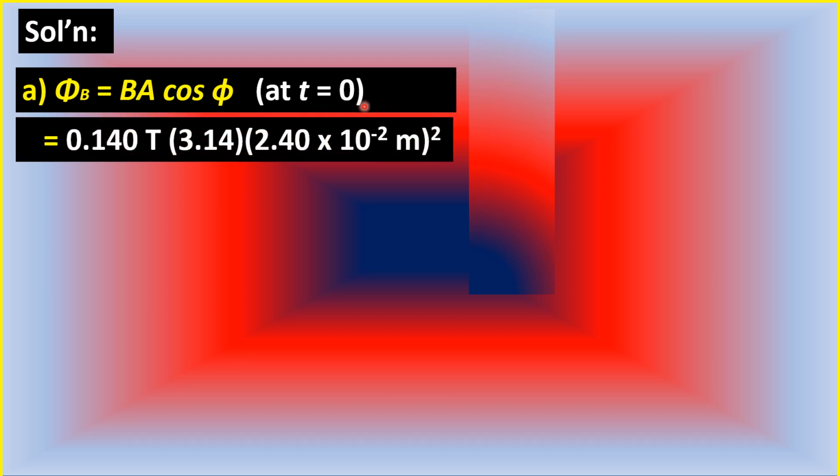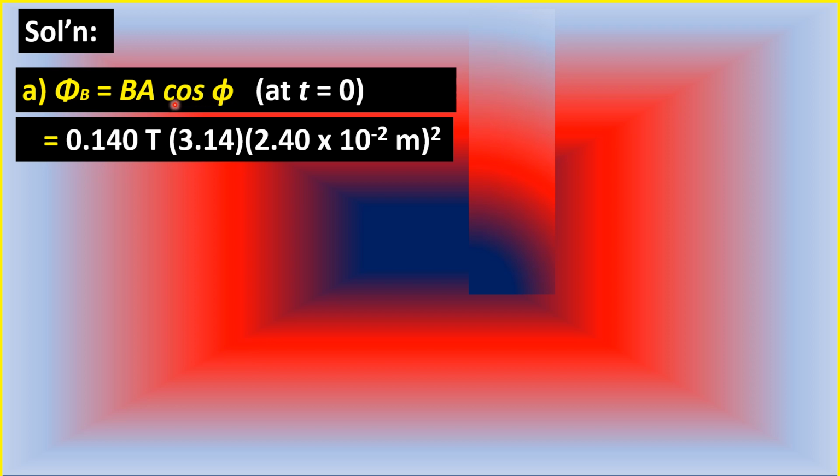The formula is, we just get the scalar product of the magnitude of the magnetic field and the magnitude of the area vector multiplied by cosine of the angle small letter phi, where angle phi represents the angle between the two vectors, the magnetic field B and the area vector A. When we substitute, the magnitude of the magnetic field at time equals 0 is 0.140 Tesla, and since angle phi between the two vectors is equal to 0 degrees because they are in the same direction, positive z-axis, the cosine of 0 degrees is exactly equal to 1.